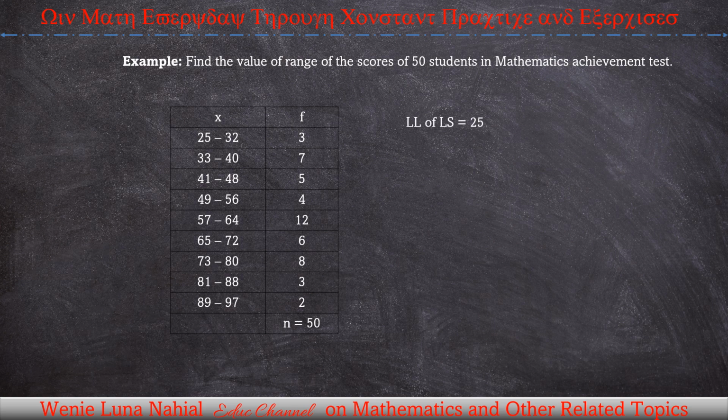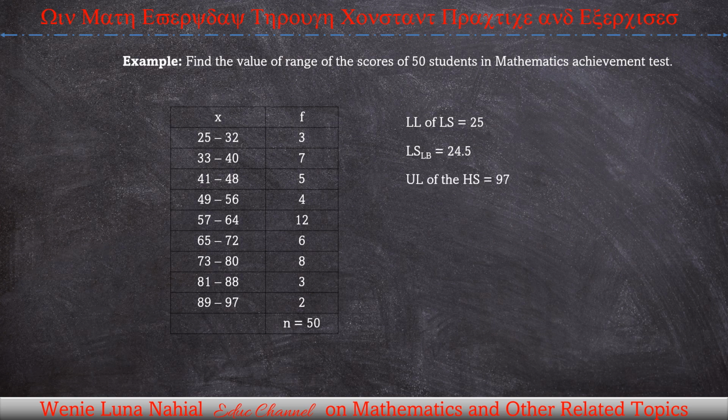So the lower limit of the lowest score is 25. So the lowest score, lower boundary, is 24.5. We have this in our previous discussion, that to get the lower boundary, you have to subtract 0.5 from the lower limit.